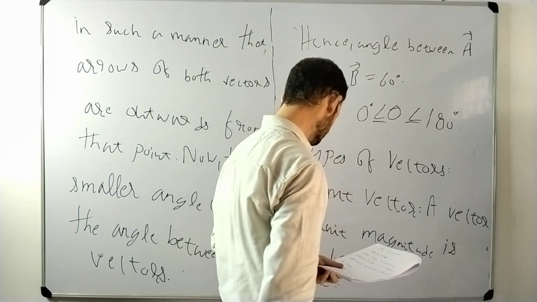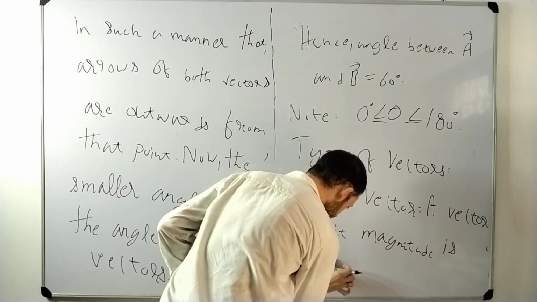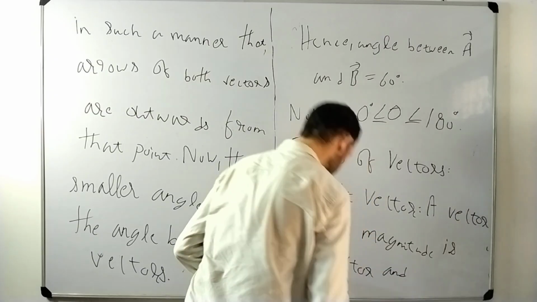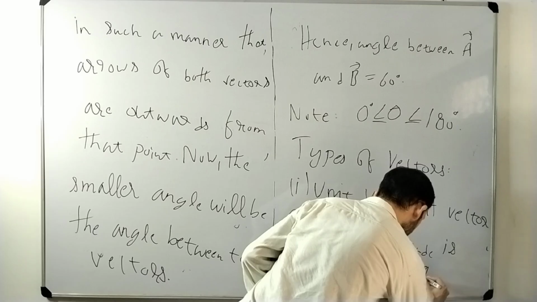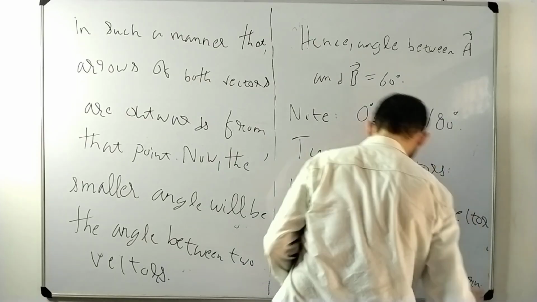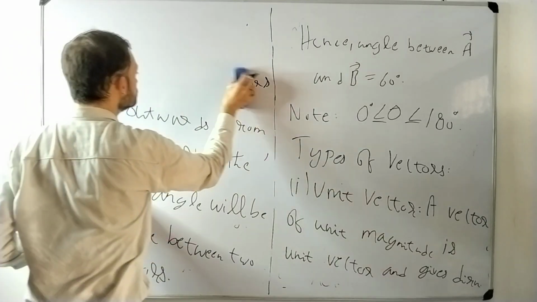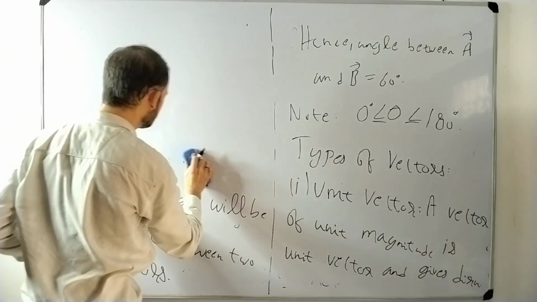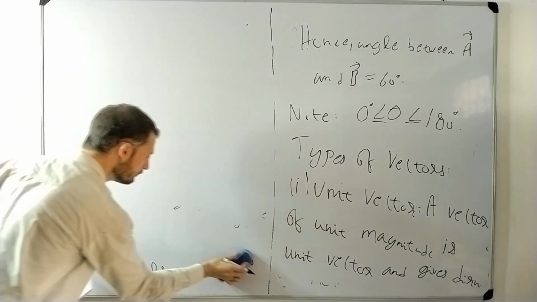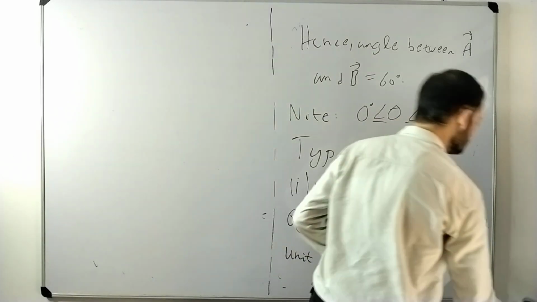A unit vector gives the direction of the vector A. So what should I write, students?